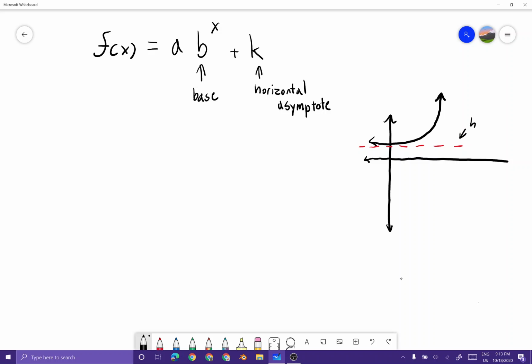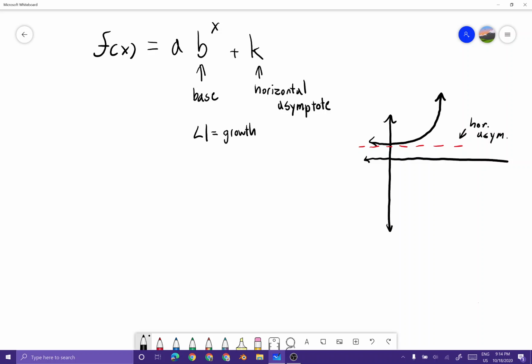This is the horizontal asymptote. Your base, right here, if it's greater than 1, so like 2, 3, 4, or decimals above 1, it will be growth.